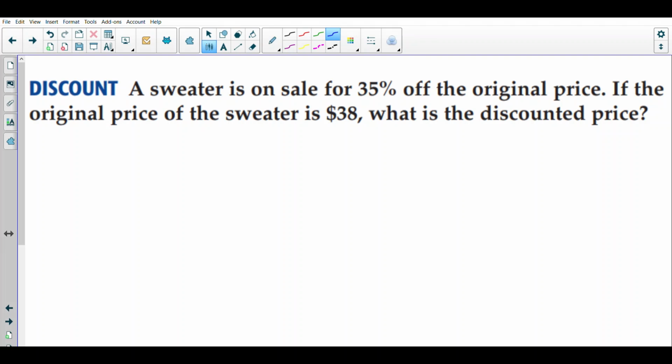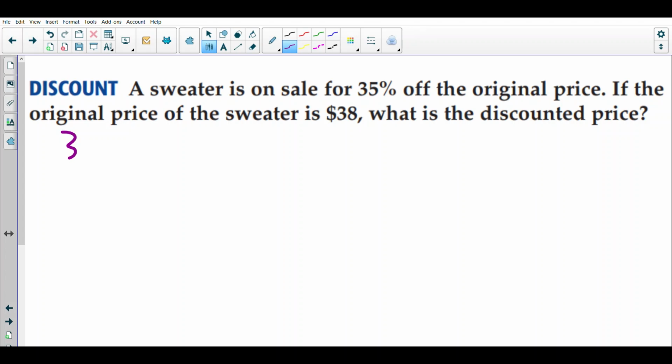A sweater is on sale for 35% off the original price. If the original price of the sweater is $38, what is the discounted price? There are two ways we can do this. One is to find the discount, the percent off, or you can follow the steps I gave you. I'm going to do both here for you.